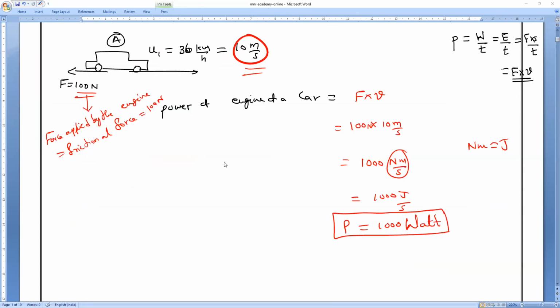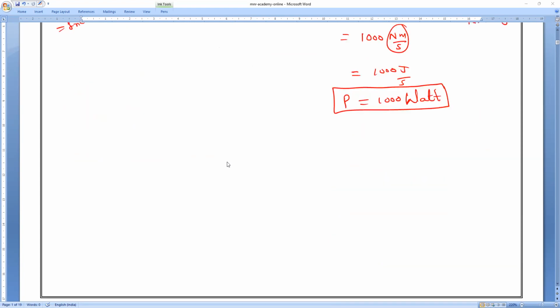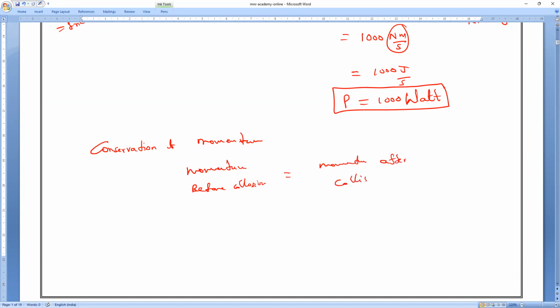Next they are asking what is the velocity of car B. So we all know the conservation of momentum. What is the conservation of momentum formula? Momentum before collision is equal to momentum after collision.